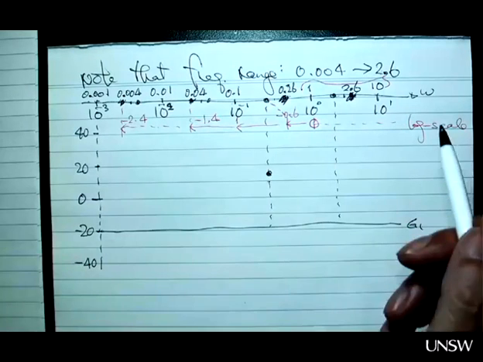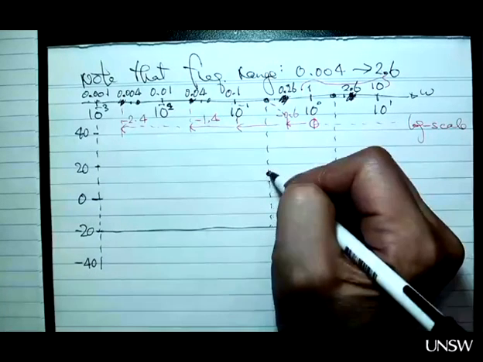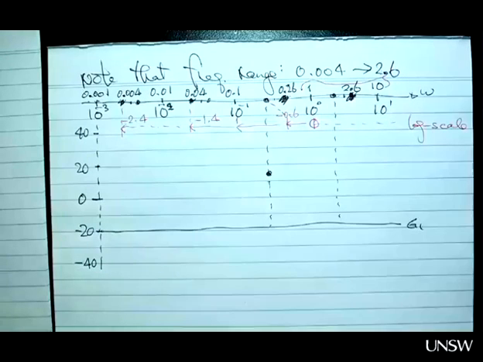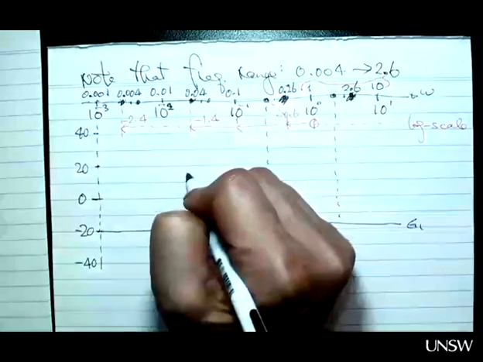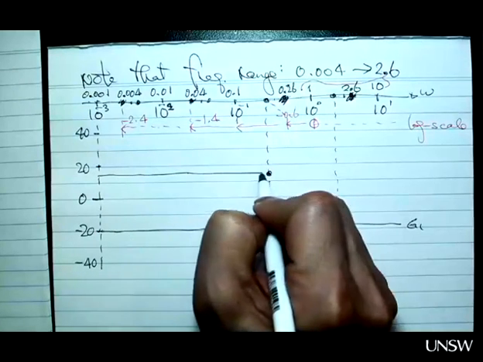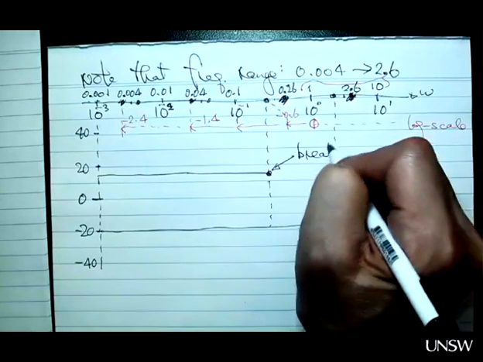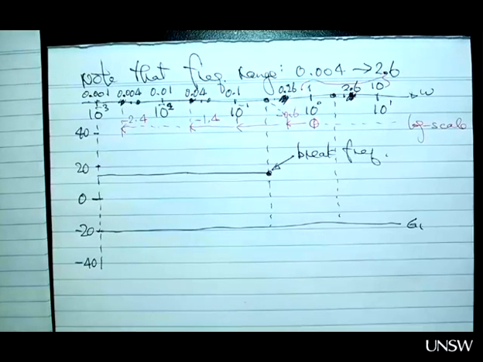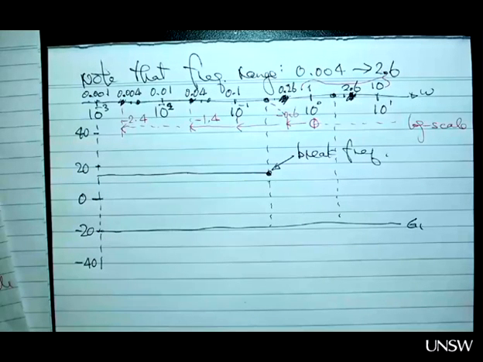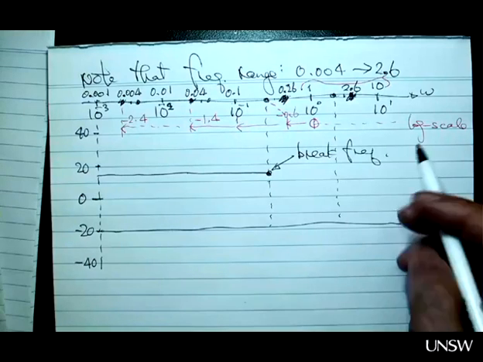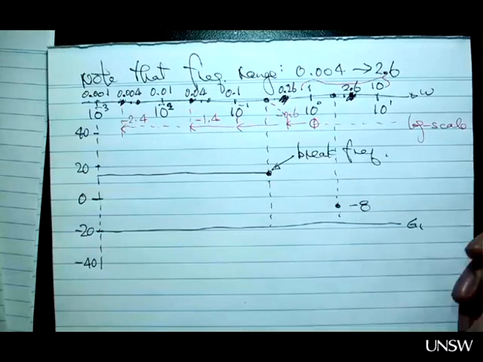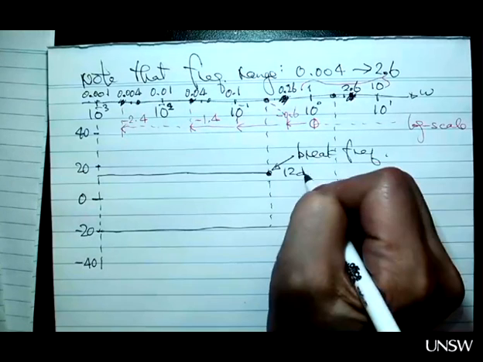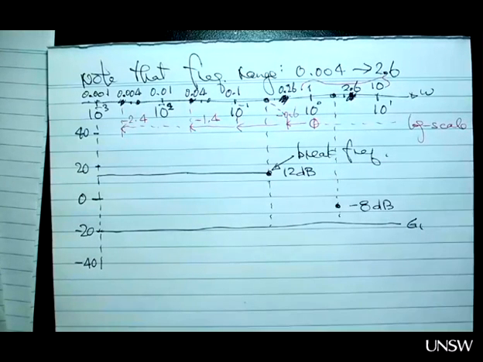Then 0.26 is somewhere here. And then this is the break frequency. So all below that is a constant. And then at 2.6, it is minus 8, somewhere here. Okay, minus 8. So here it is 12. So an approximation will be like this.